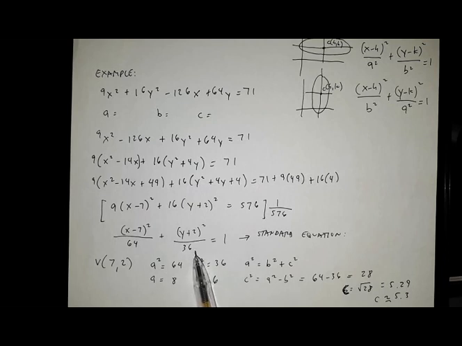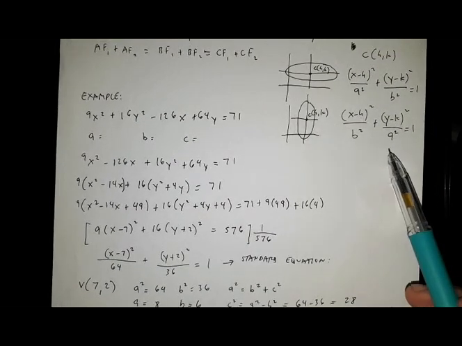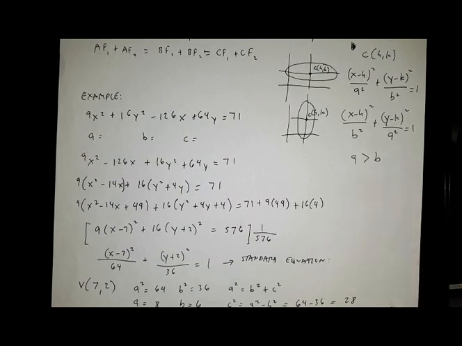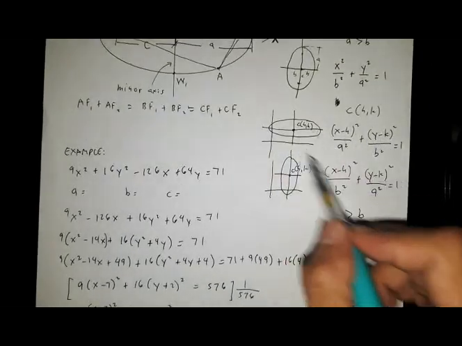On the other hand, if the denominator of x is less than the denominator of y, your ellipse is vertical because A is always greater than B. So it falls in this category.